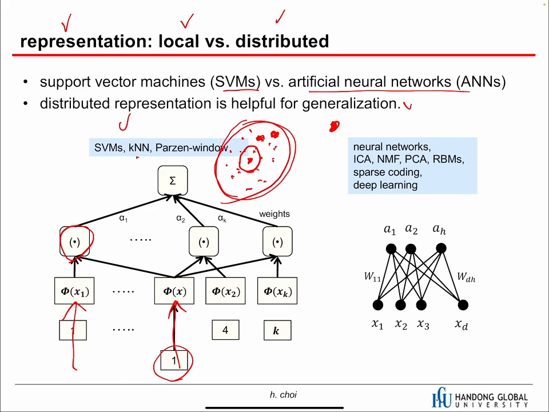But in the distributed representation, we don't use the samples. We don't have to memorize all the samples. When we have training samples, from them we extract some factors. Based on these samples, we can say, okay, color is an important factor, and weight is important, and the size and the shape. So we can extract a lot of features.